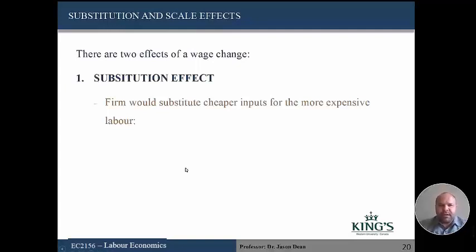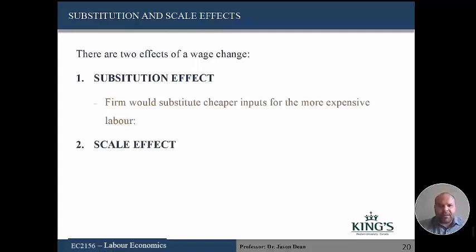So simply put, if we're just looking at the substitution effect and holding the scale effect constant, to maximize, firms would substitute away from labor to capital, and use capital to replace labor.